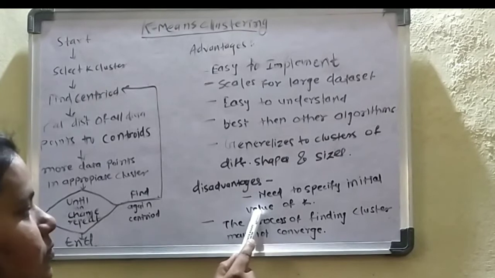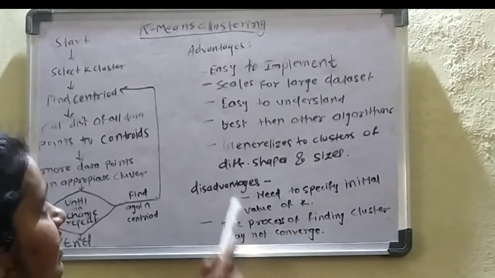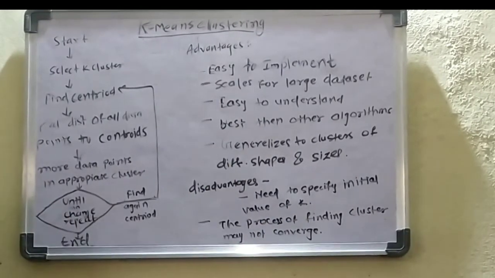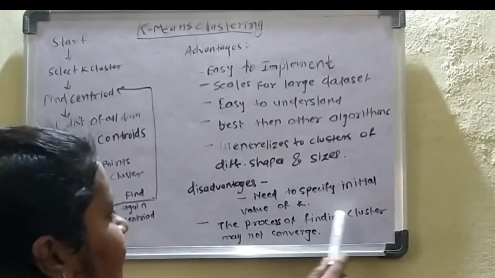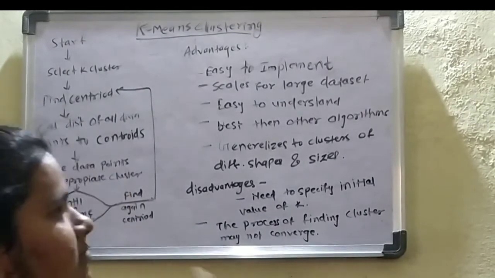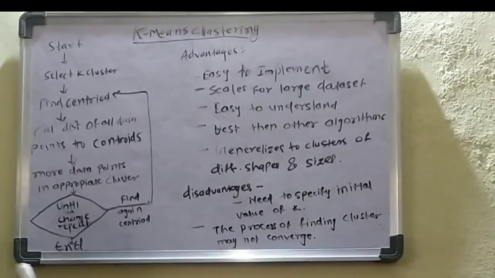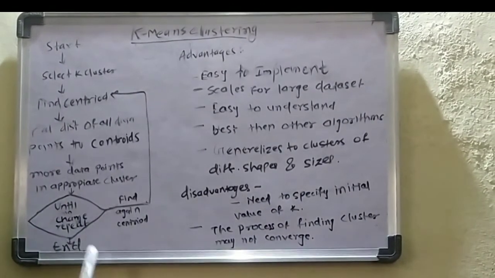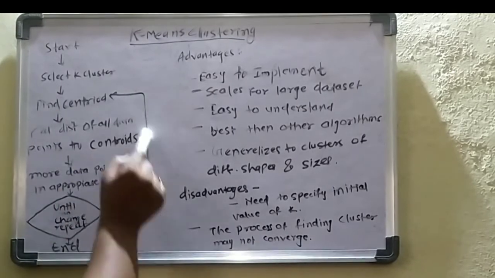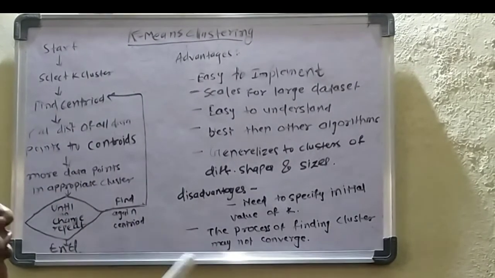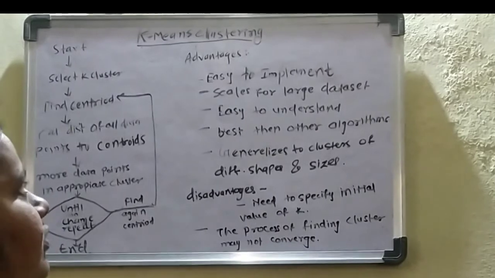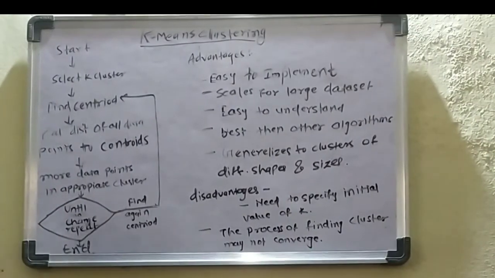This is the most important disadvantage of the clustering algorithm. The next disadvantage is that the process of finding clusters may not converge. Sometimes, because of incorrect choice of the value of K, the process will not end. So the user has to repeatedly do the same steps and the process will not converge. These are some of the disadvantages of the K-means clustering algorithm.